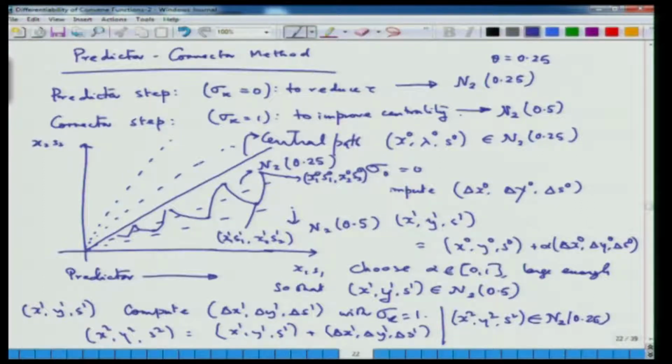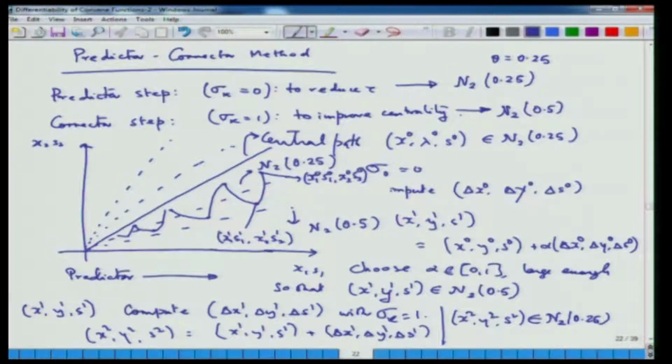So, it is more near the central path. So, I have started from a point near the central path, come down to this and come here. So, I made a much larger movement than I can possibly do in the case of the short step path following method. Now, you can mathematically prove that if I take a unit step along this direction, I will get a point which will be there.